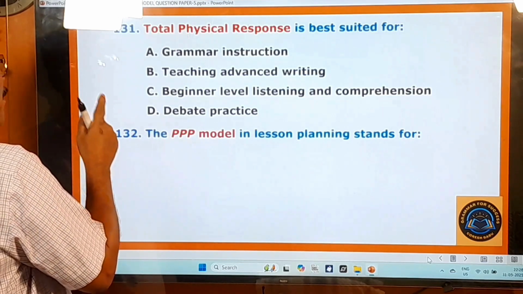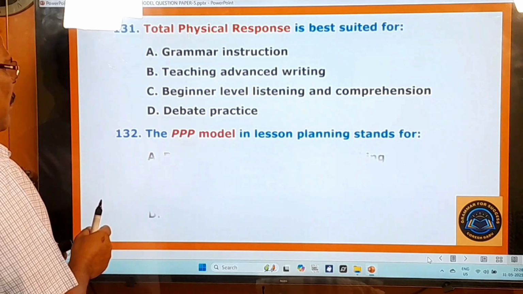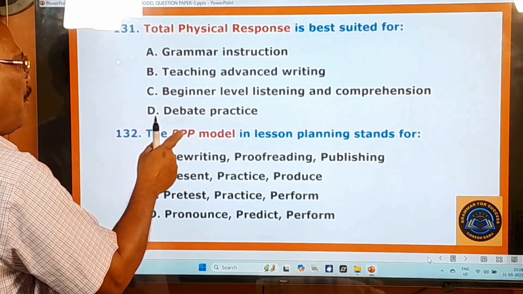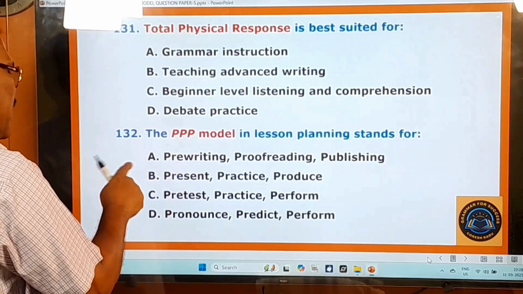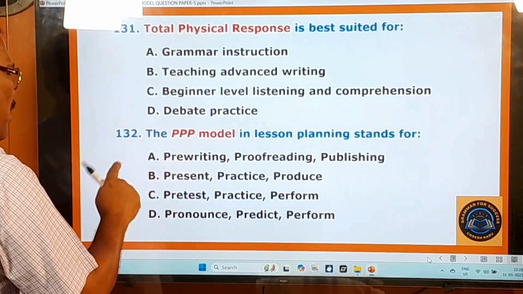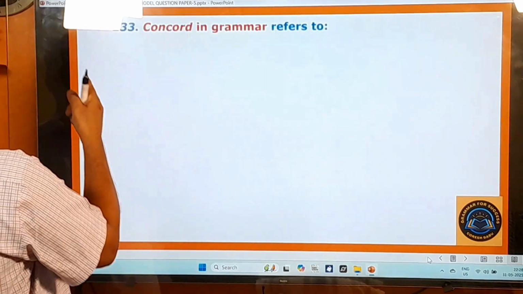132nd question. The PPP model in lesson planning stands for pre-writing, proofreading, publishing; present, practice, produce; pretest, practice, perform; pronounce, predict, perform. 133rd question.